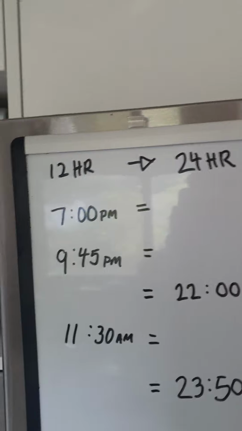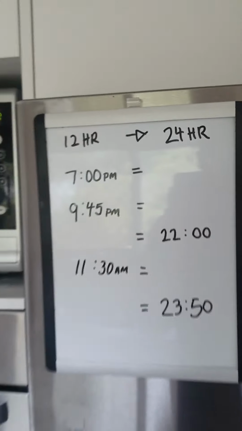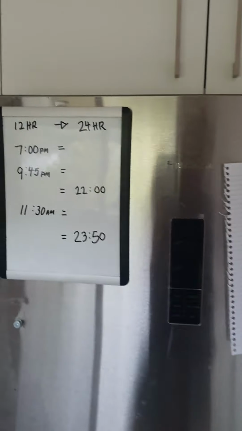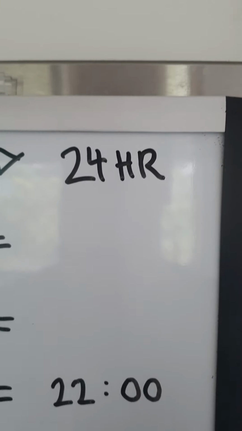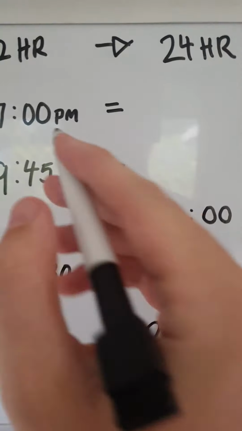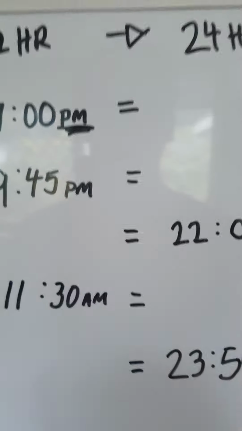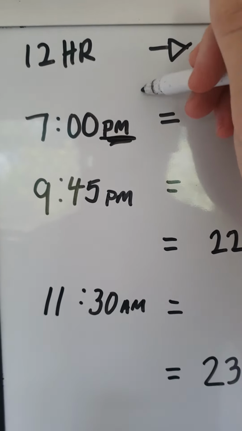So if we go up here, we are going to follow a bit of a test. We've got our 12-hour, and then we're going to our 24-hour time. So 7 p.m. Remember PM. So what are we going to do here? We're going to add the 12.